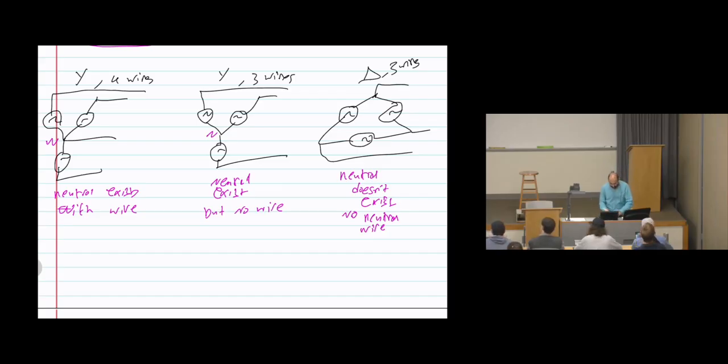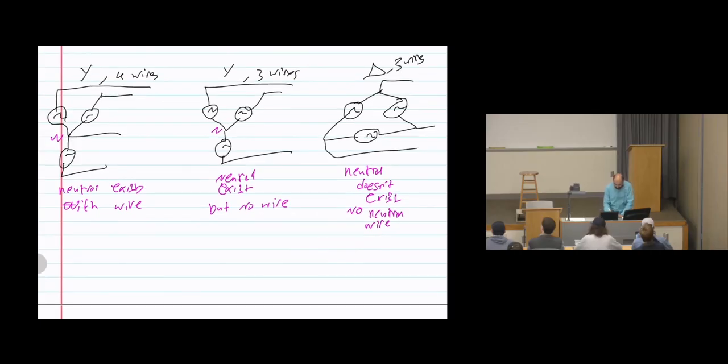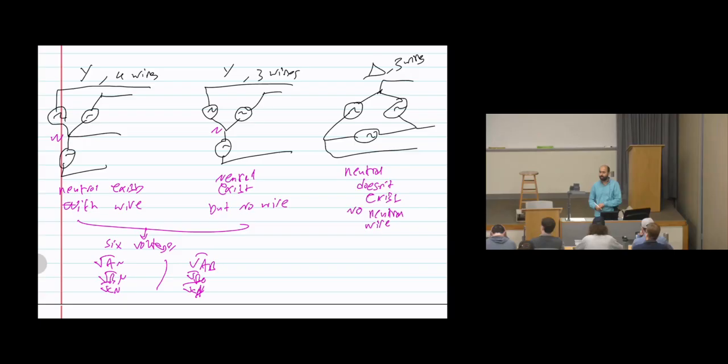So when we look at the 4-wire or 3-wire Y, both of them have 6 voltages. Even though it's 3 wires, it can have 6 voltages because the neutral exists. So we have VAN, VBN, VCN, and then VAB, VBC, VCA, because all of them exist.